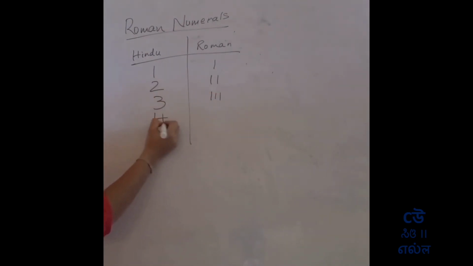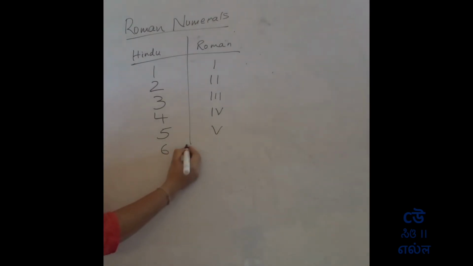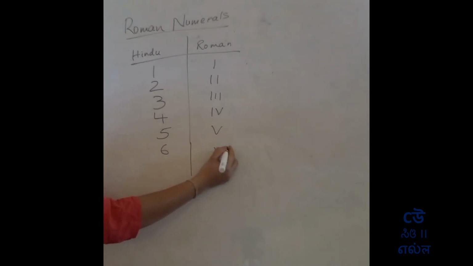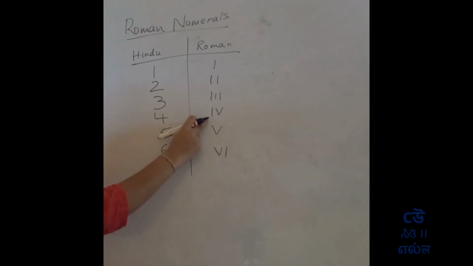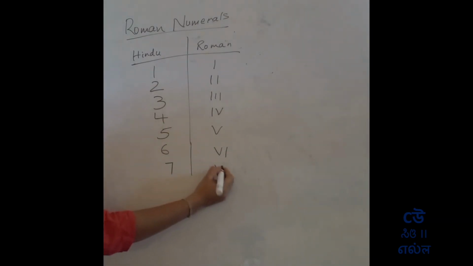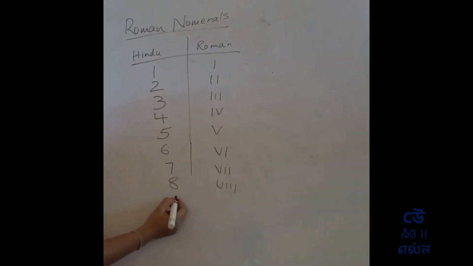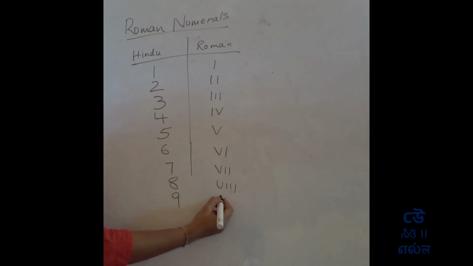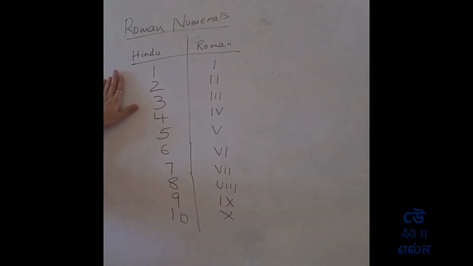For 4 you'll write I and V. 5 you'll write as V. Next, 6 you'll put V and 1 line. Don't get confused: 4 is 1 line and V, 6 is V and 1 line. 7 is V and 2 lines. 8 is V and 3 lines. 9 is IX. 10 is X.